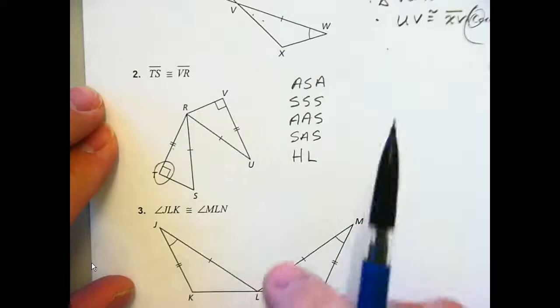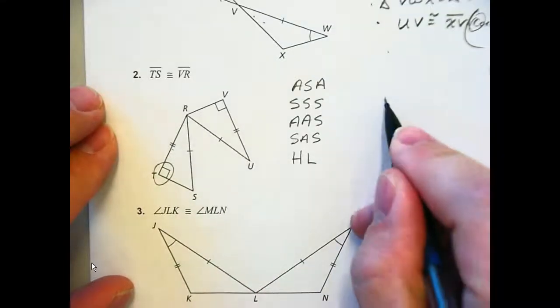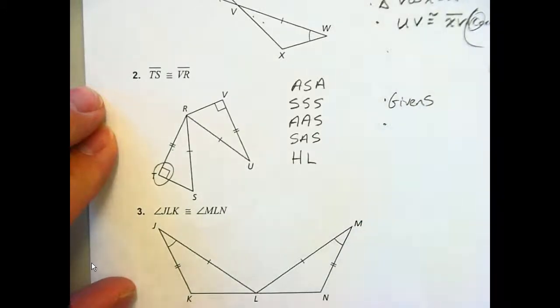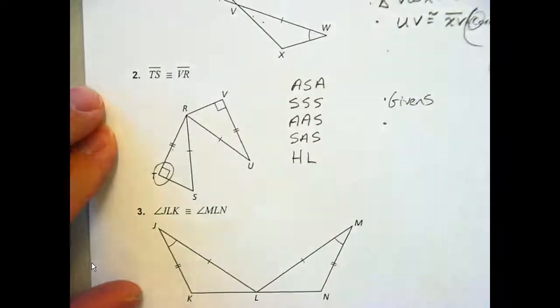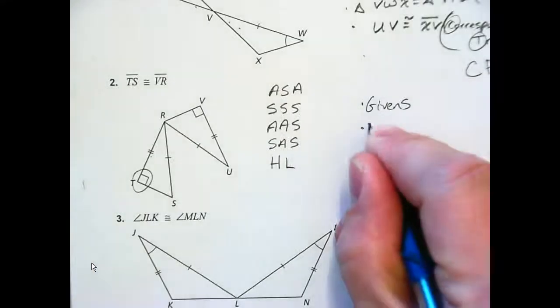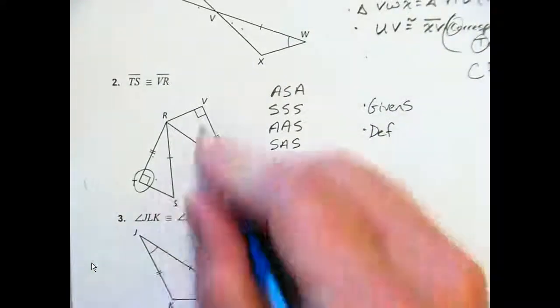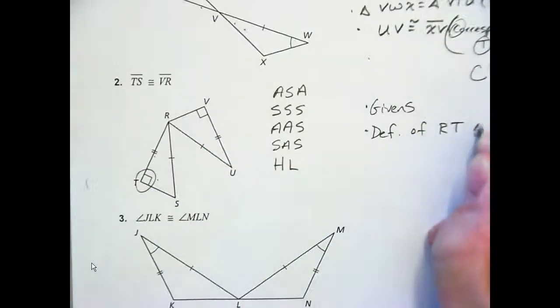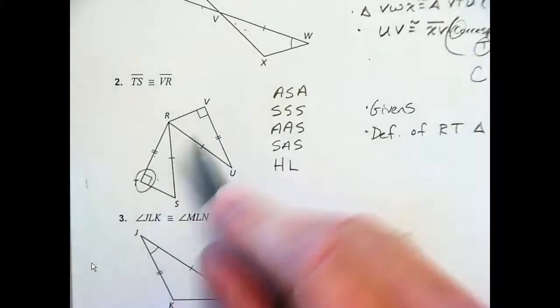Okay. So on this one, you'd have your givens. Like if I'm going through my reasons, I'd have my givens. And then from there, I'd have to state the definition of a right triangle. I'd have to say that these are right triangles. So we have the givens, and we state that they're right triangles.